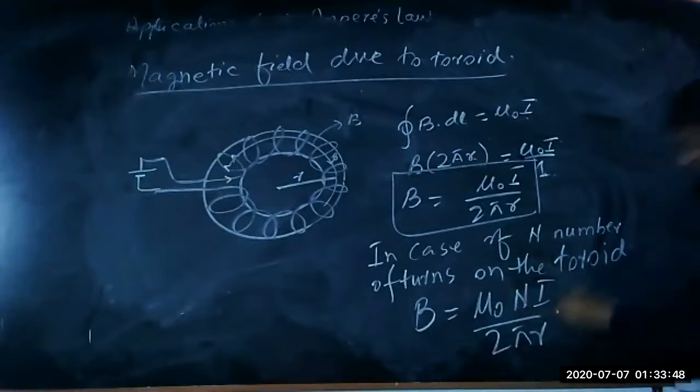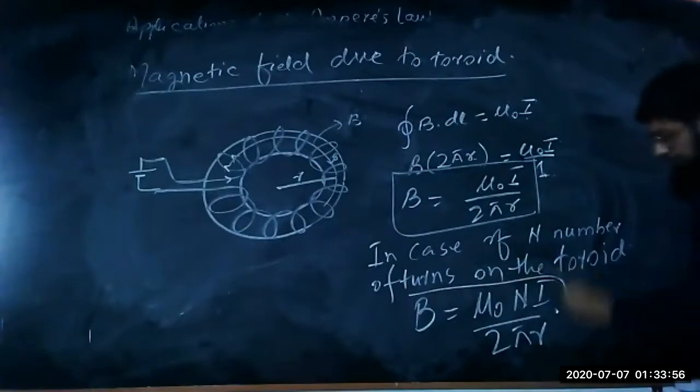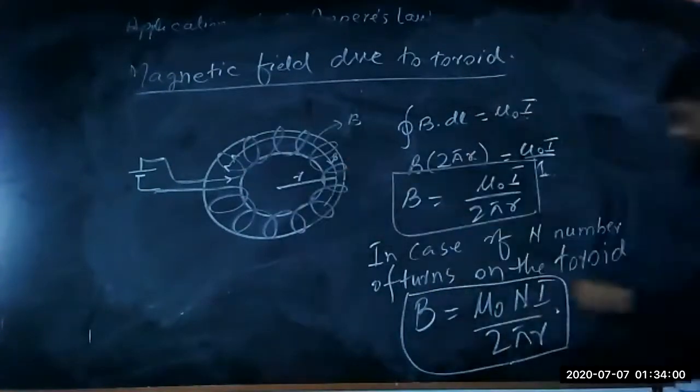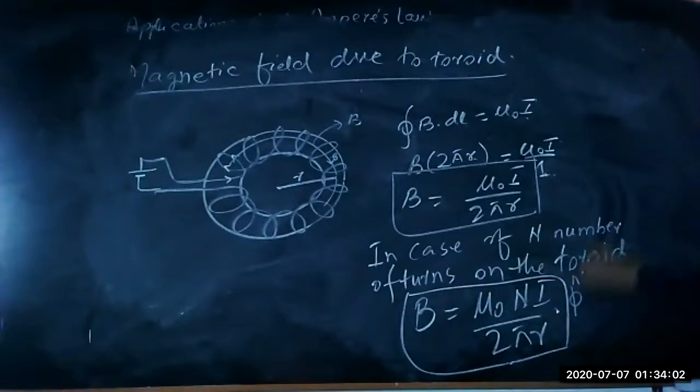So this is the magnetic field which we call the toroidal magnetic field, whose magnitude is this, and its path is a circular path, and the circular path is denoted by a unit vector phi. This phi is the azimuthal angle or circular angle.